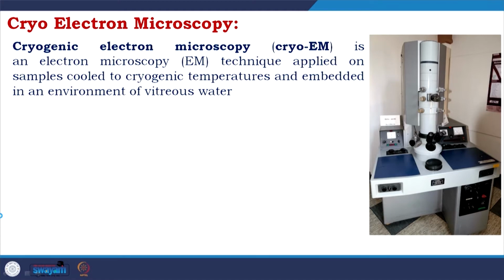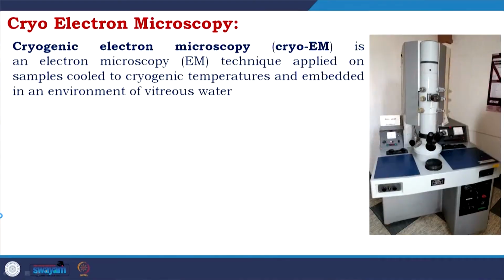So, look at the terms here. This is a microscopy, this is an electron microscopy. So, the source is electron and applied on the samples which are cooled to cryogenic temperature and embedded in an environment of vitreous water.